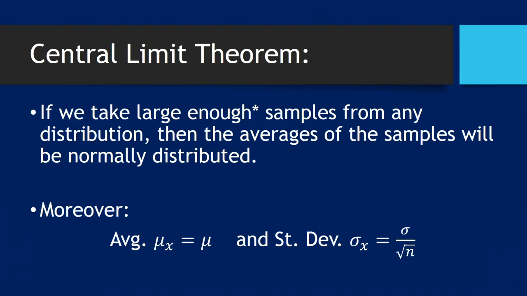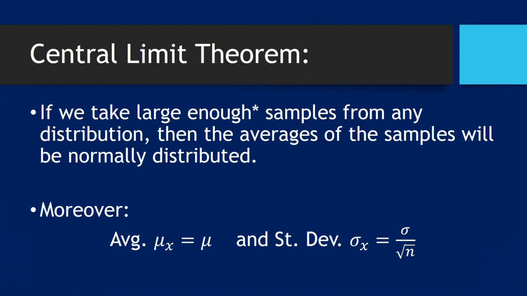And my standard deviation of the samples will be my original standard deviation divided by the square root of n. Now, n, again, is my sample size. So if I took samples of size 30, I'd say, well, my original standard deviation divided by the square root of 30 is going to be my new standard deviation.